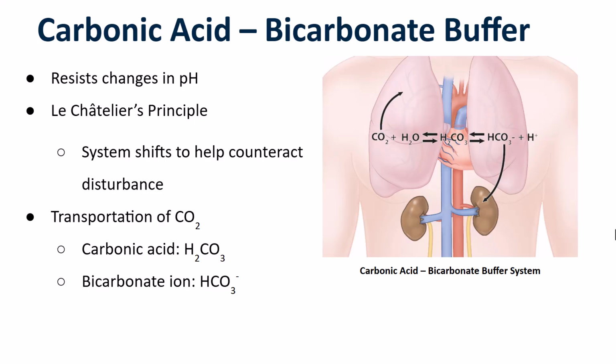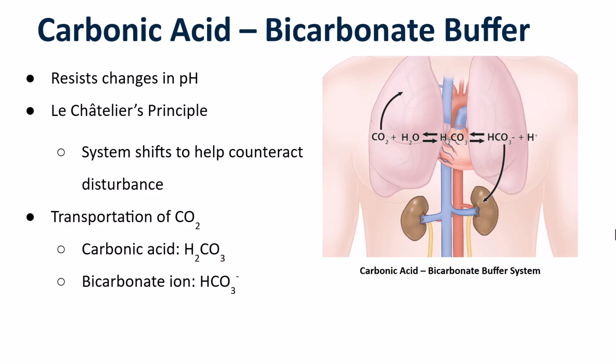Likewise, if we have a buildup of carbon dioxide and the respiratory system is not able to compensate for that, that can shift our equation to the right, and we can then eliminate bicarbonate ions through the renal system.